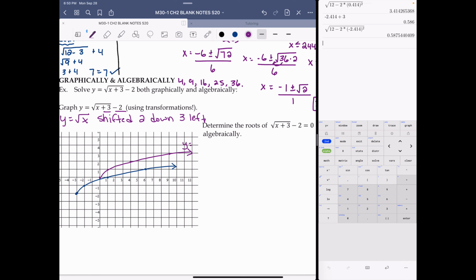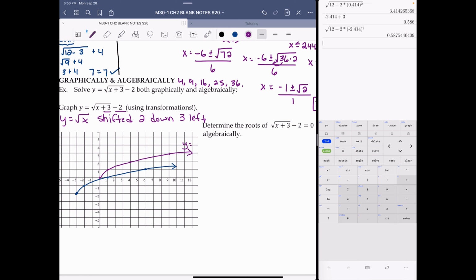Square root of x plus 3 minus 2 equals 0. Add 2 to both sides. We get root of x plus 3 equals 2. Square both sides to get rid of the root. We get x plus 3 equals 2 times 2 is 4. Subtract 3, x equals 1.